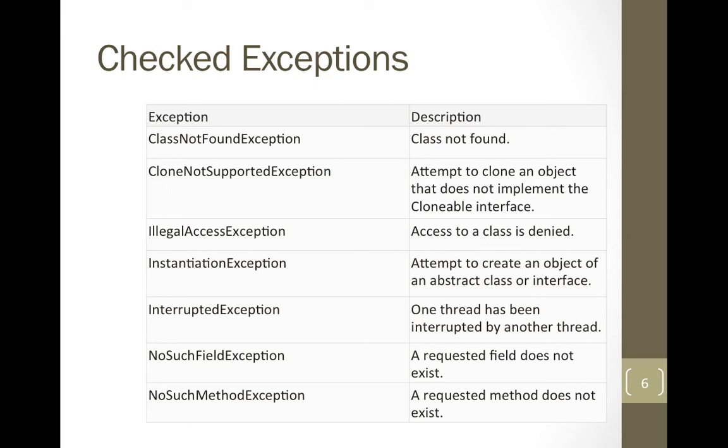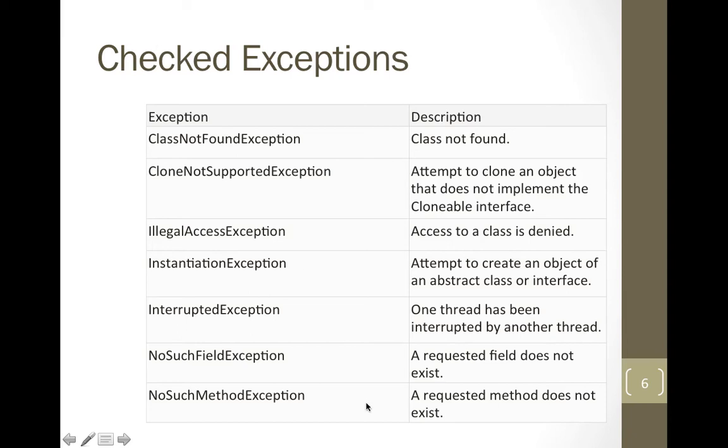The program wasn't executed at all, but while I was writing it, Java started giving me error messages. Because I'm not allowed to create any object of abstract or interface classes, it was giving me an instantiation exception.